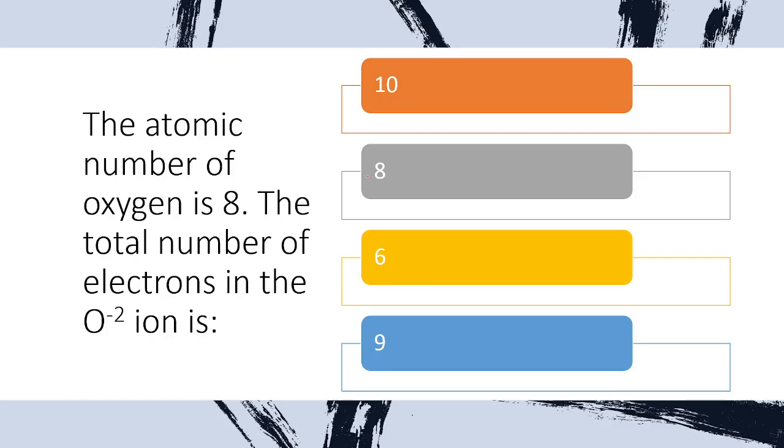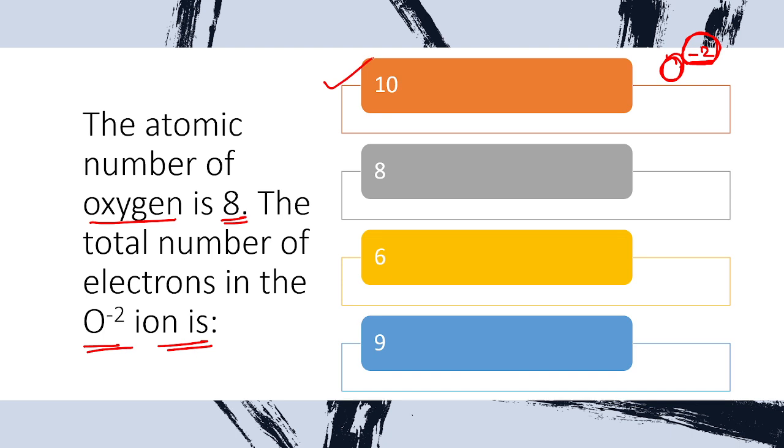Let's go ahead. The atomic number of oxygen is 8. The total number of electrons in O minus 2 ion is. So it is O minus 2. Now in O minus 2 ion, how many electrons would be there? Will it be 10, 8, 6 or 9?